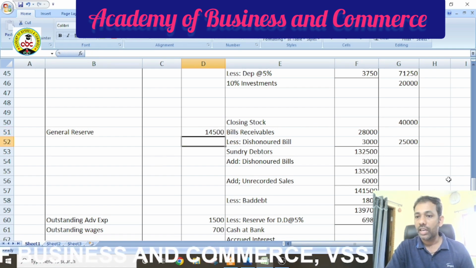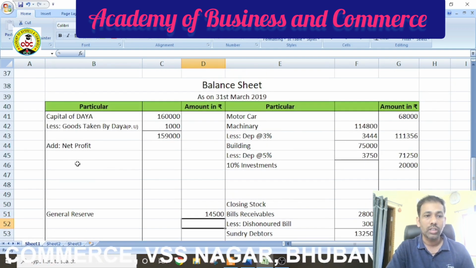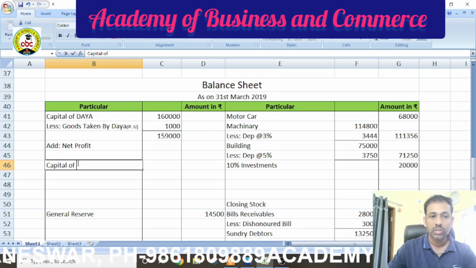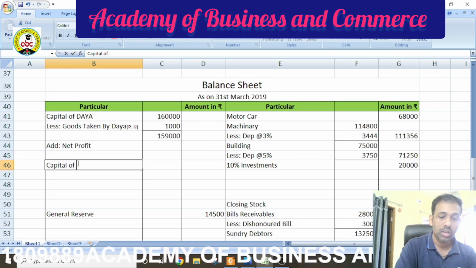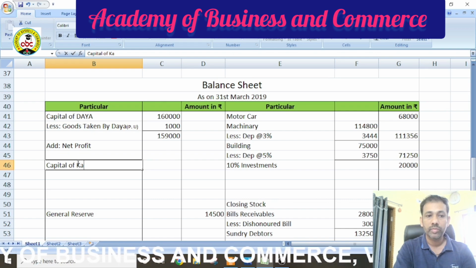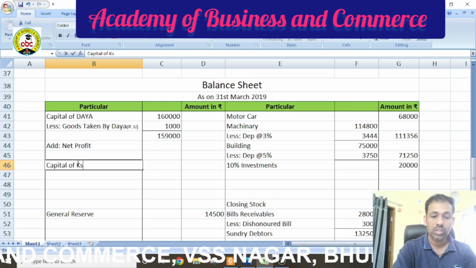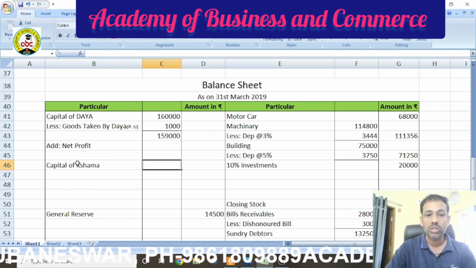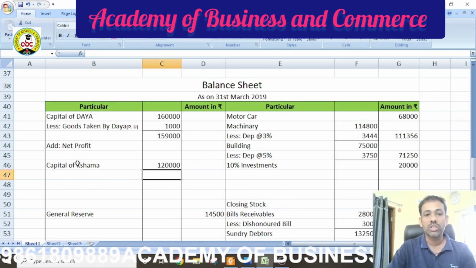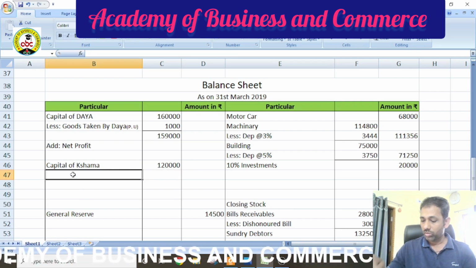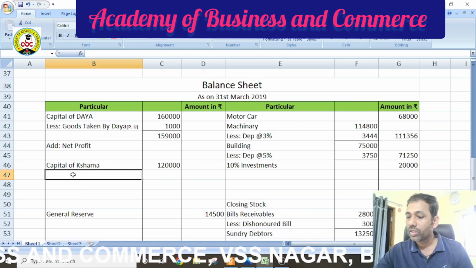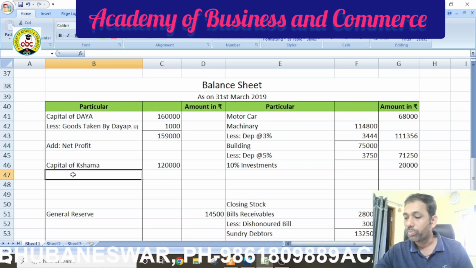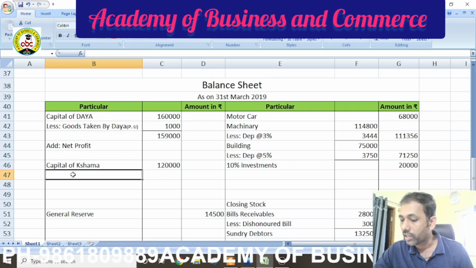Capital of Daya is taken, and now we only have to take the capital amount of Kasma, and the amount is 1,20,000. That 1,20,000 is the capital amount, and we have to add the net profit, which is not yet calculated. After calculating the net profit, we will add that amount. So please wait till then for better understanding.